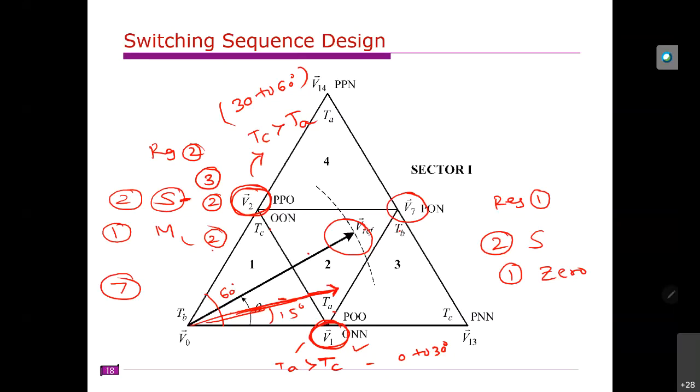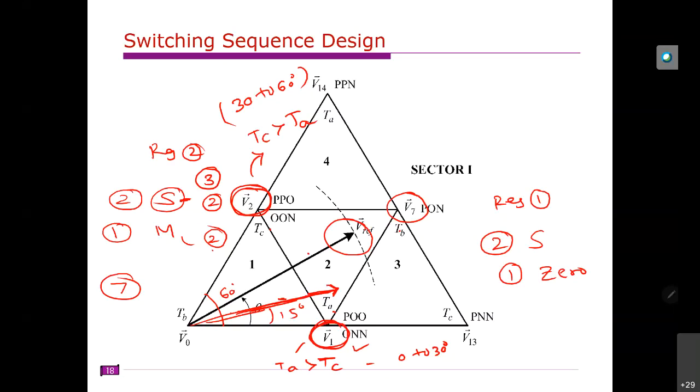That vector is divided so that we implement P type and N type, so that we can reduce the neutral point voltage to some extent. The same applies to region 1 also, where again you have 1A and 1B.